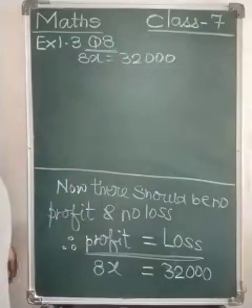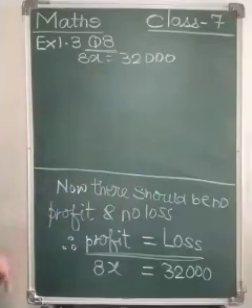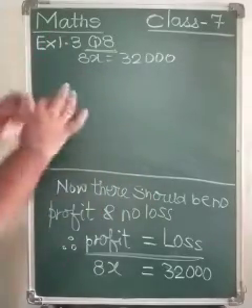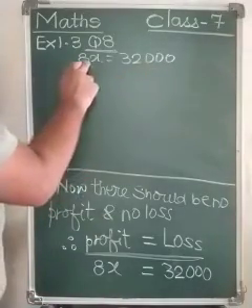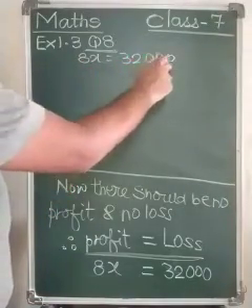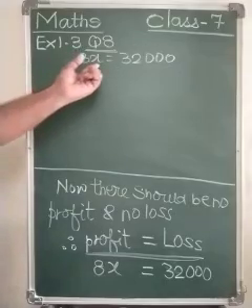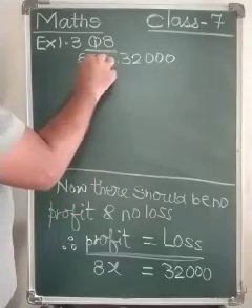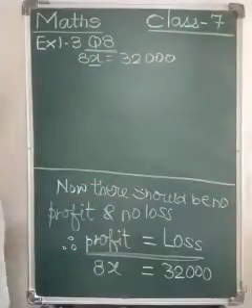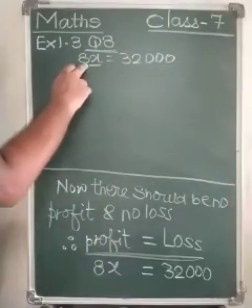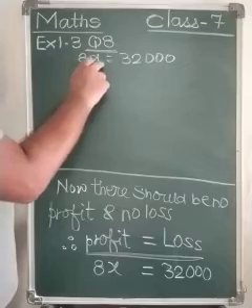Here you will be learning about how to solve the equations in 7th standard. Now be very simple. Here what is there? 8x equals to, 8x means 8 multiplied by x equals to 32,000. Now in order to find out x, x would be kept on left hand side and 8 would be transferred to right hand side. While doing so, here multiplication is there, 8 multiplied by x.